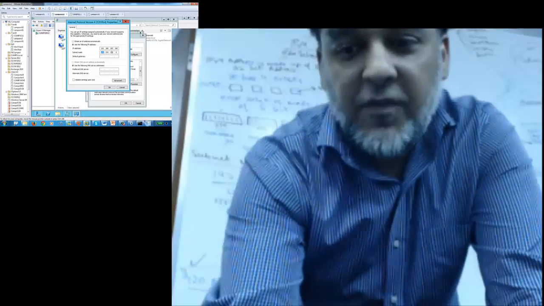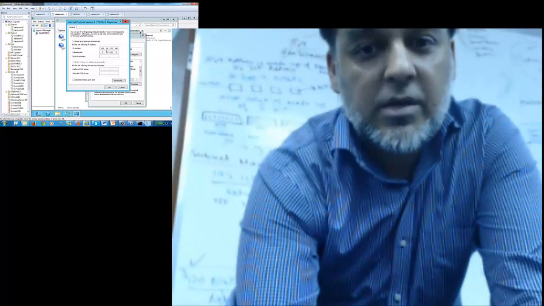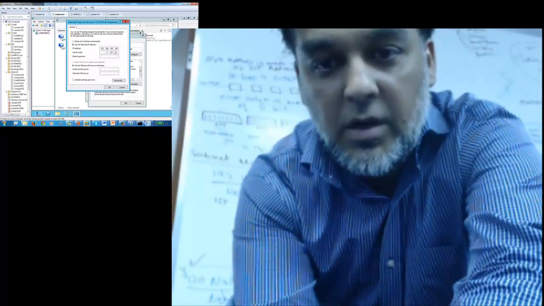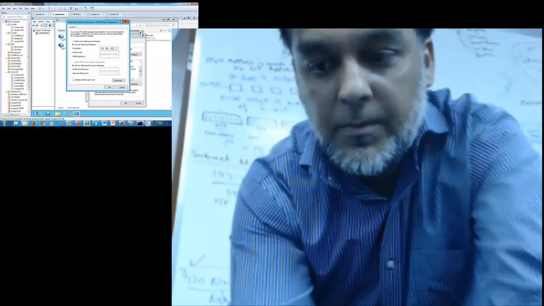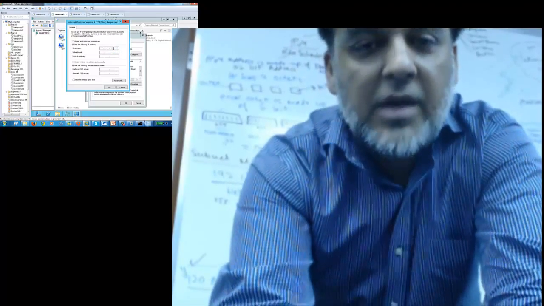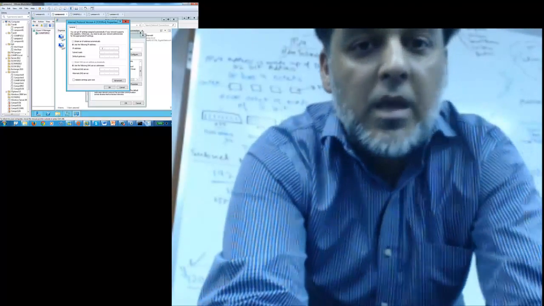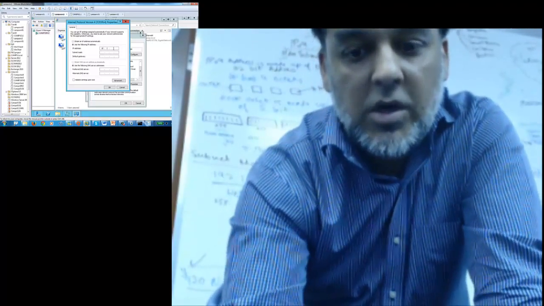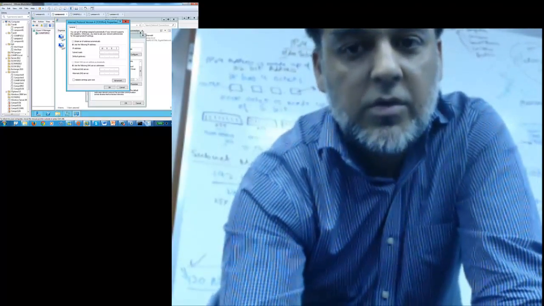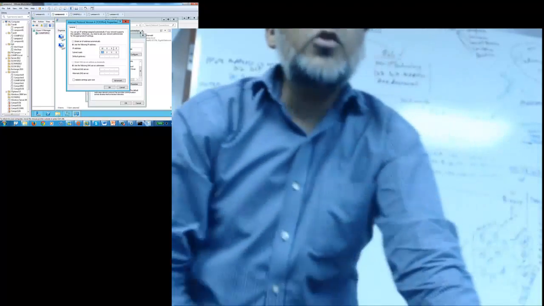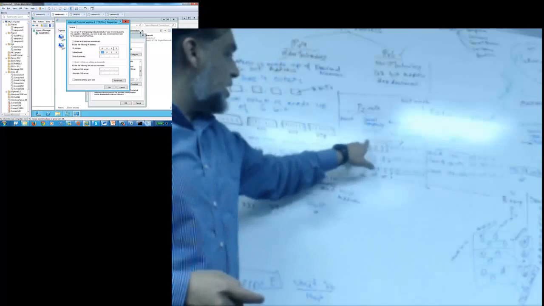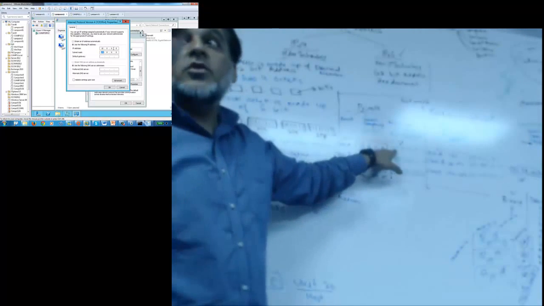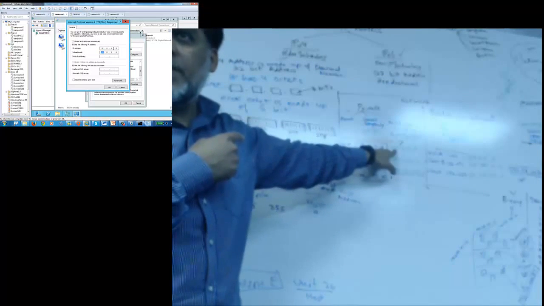So let's say if I enter a class A IP address, which starts from 10, if I say 10.0.0.0 and then press tab, it automatically brings the subnet mask of this because it knows this is a class A address.